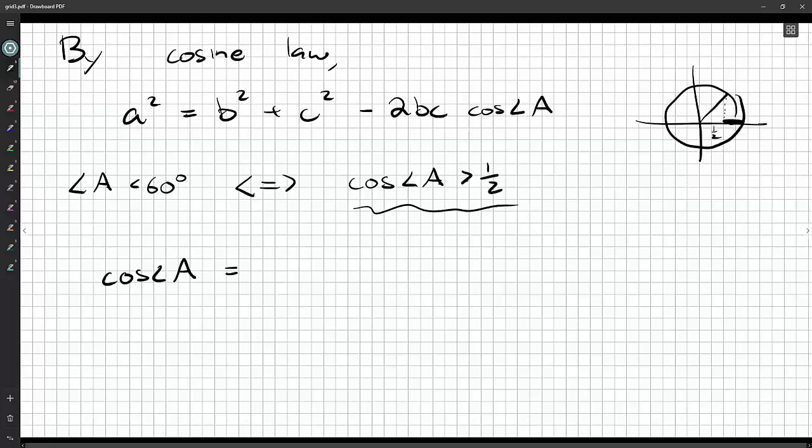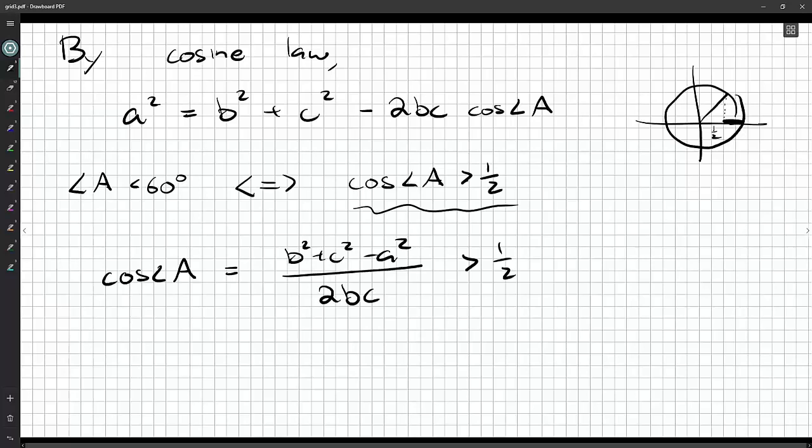So bring that over to the other side. So B squared plus C squared minus A squared over 2BC. So I need to show that that's bigger than a half. That's the goal. Get that to be bigger than a half.